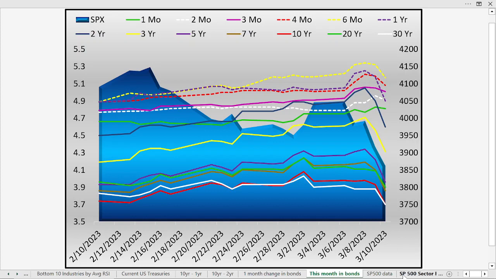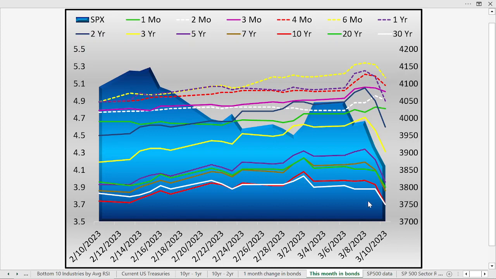We see here this month in bonds, we see this as the change. The S&P 500 is shown in the blue area chart in the background. The 6-month bond is the jagged yellow line over here. The 2-month bond is a white jagged line here.